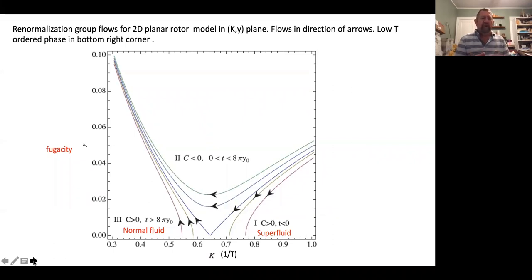There are the flows in the bottom right-hand corner, below that straight line, and as L gets larger and larger, they all flow to fugacity y equals 0. The reason why this is interesting is because we can actually do real exact calculations when the fugacity is 0, because it's just the simple Gaussian problem, which is trivial.